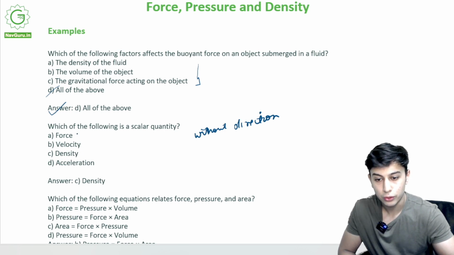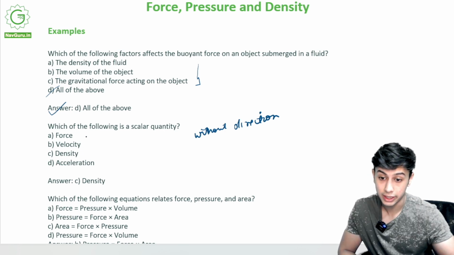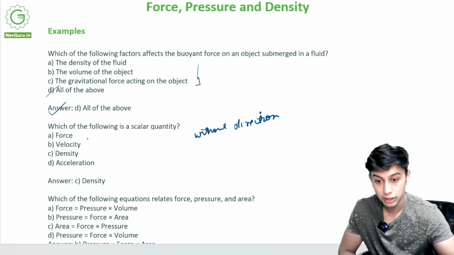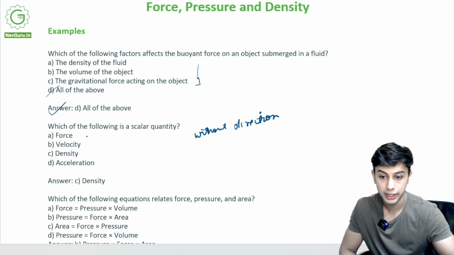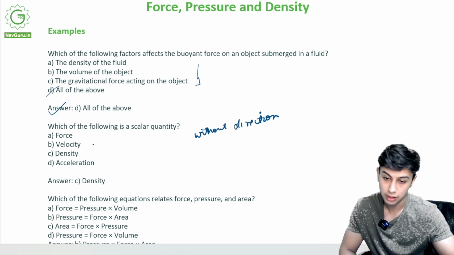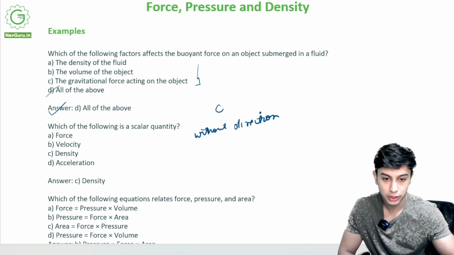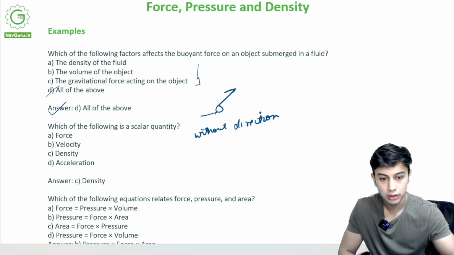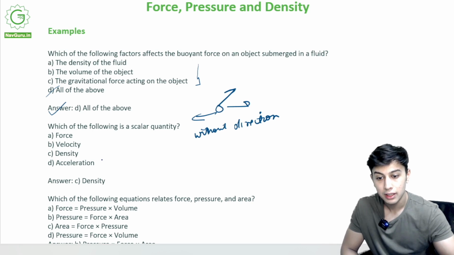Force is in a particular direction. You push or pull in a particular direction. You push on the ground in a particular direction. Velocity is speed with direction. Something is going in this direction with speed, in that direction with speed. It has direction.